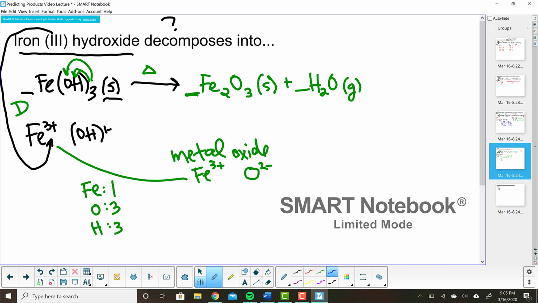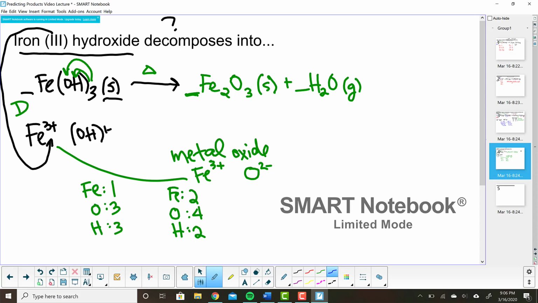On the right of my arrow, I have 2 irons, 4 oxygens, 3 from the Fe2O3 and 1 from the H2O. And then I have 2 hydrogens. So how in the world can we go about balancing this?